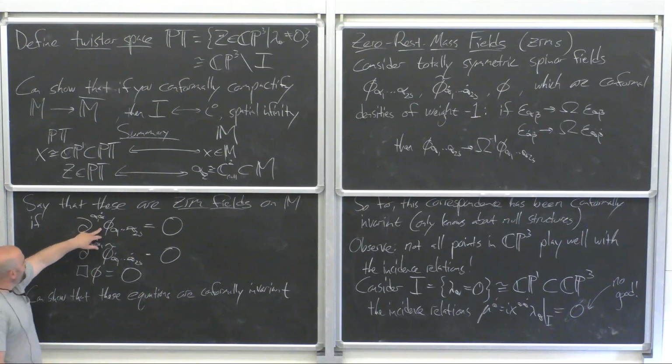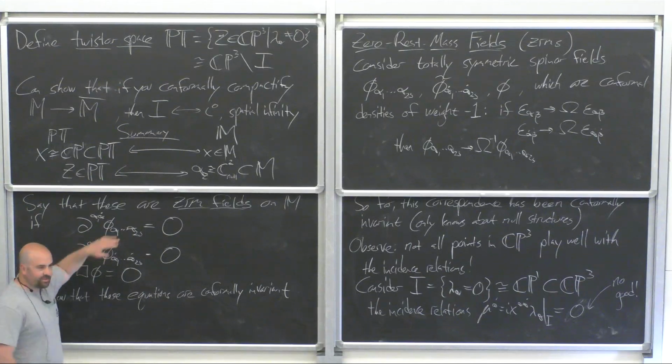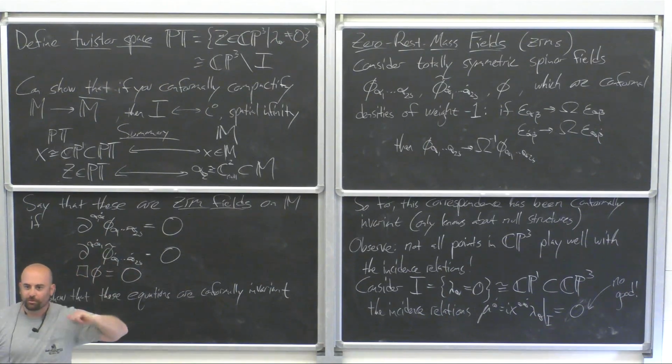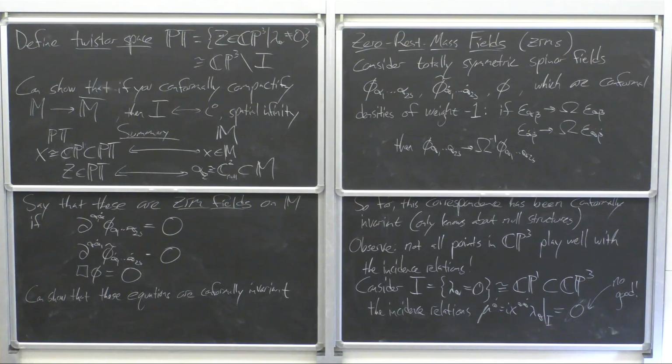If I have some phi that solves this equation in Minkowski space, and then I do a conformal rescaling with conformal factor omega, then the conformally rescaled phi solves the equation in the new conformal frame. Okay? That's what I mean by them being conformally invariant. Obviously, there's a little subtlety with the wave equation. This goes to the conformally invariant wave equation, so it's like box plus R over 12.